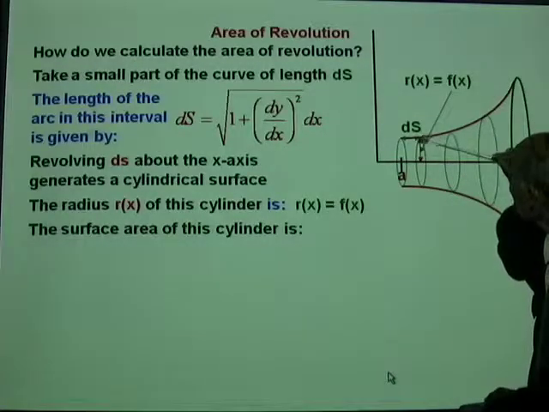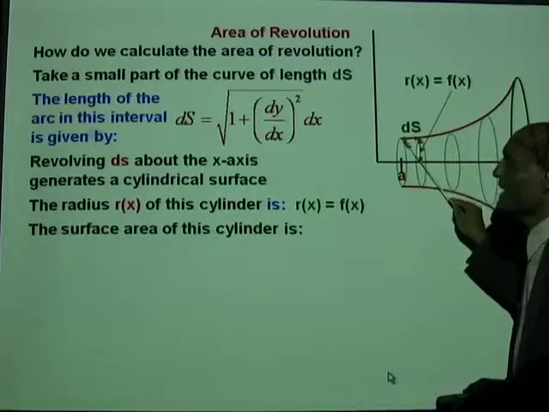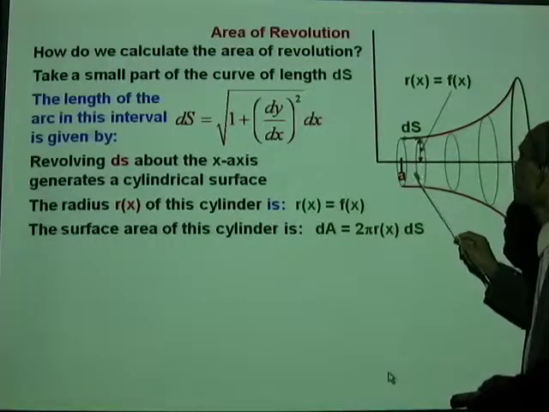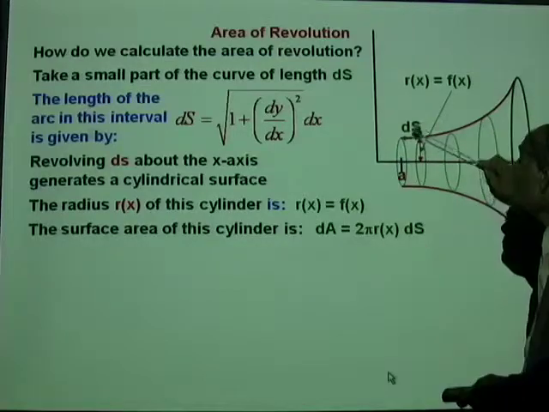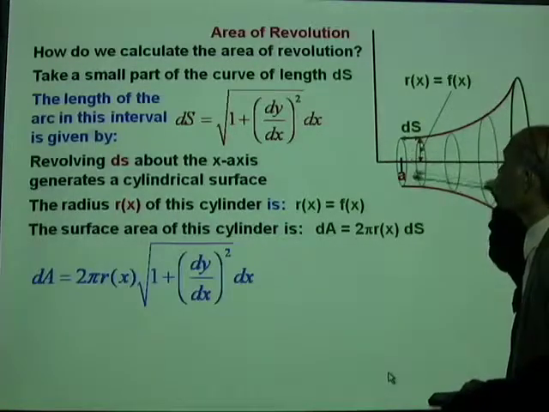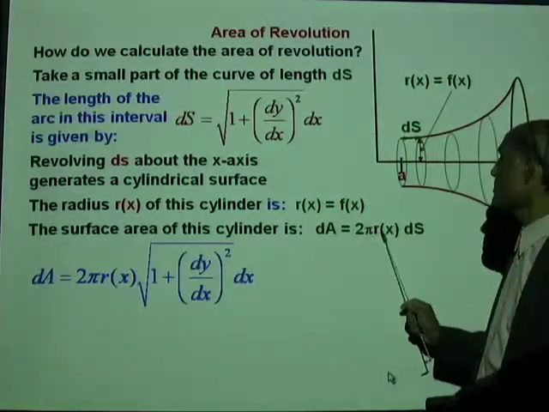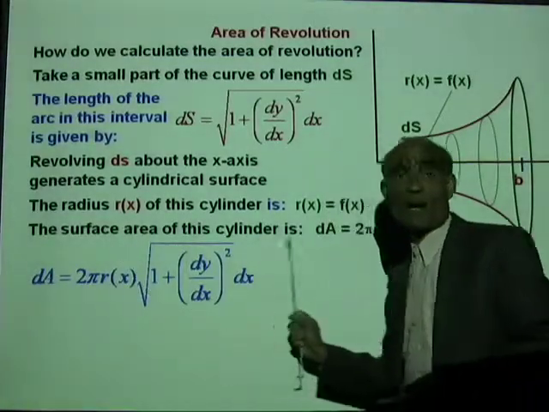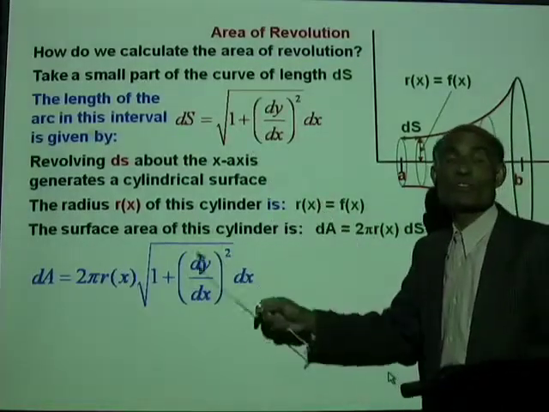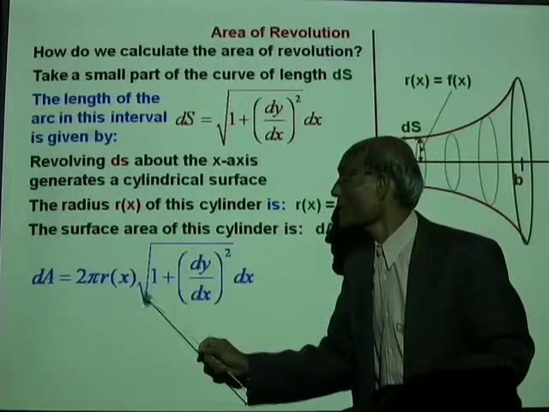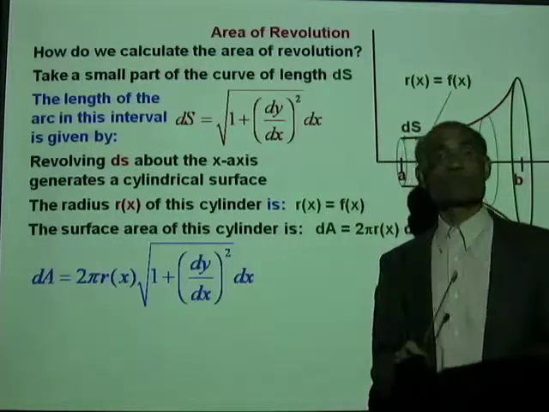The surface area will be the circumference multiplied by ds, which is 2 pi r of x times ds. Therefore, dA will be 2 pi r of x times ds. ds is the length of the arc, and the length of the arc is this quantity. So that will be 2 pi r of x square root of 1 plus dy by dx all squared, dx.